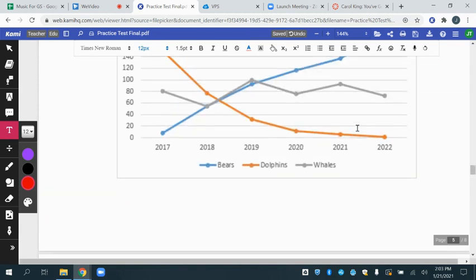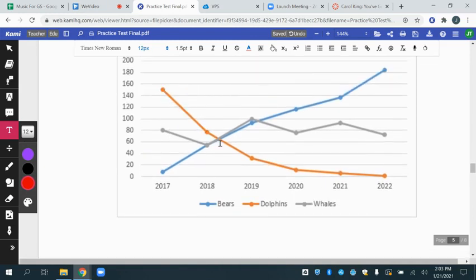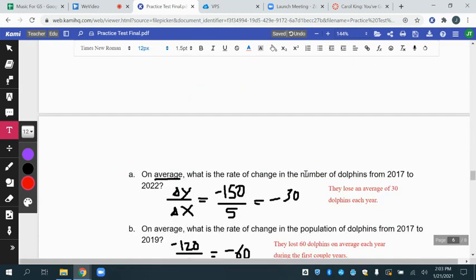Let's talk about the dolphin population. The dolphin population drops really fast and then slows down as it approaches 2022.